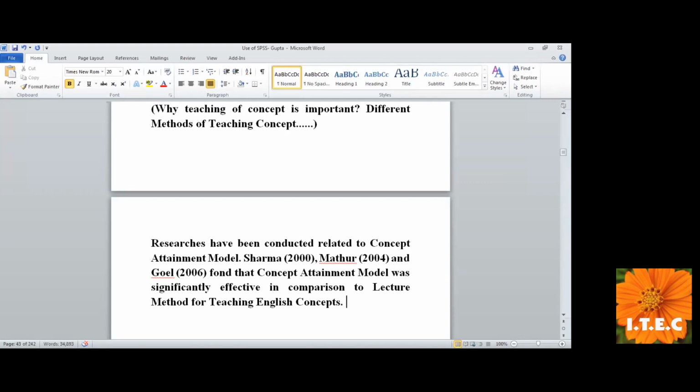Then here you can say the concept attainment model was found to be effective in teaching mathematics concepts.